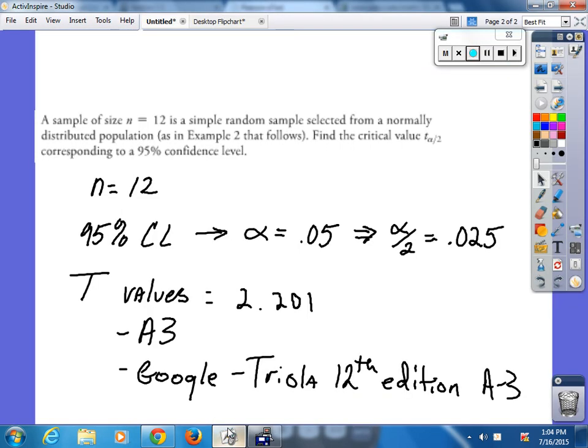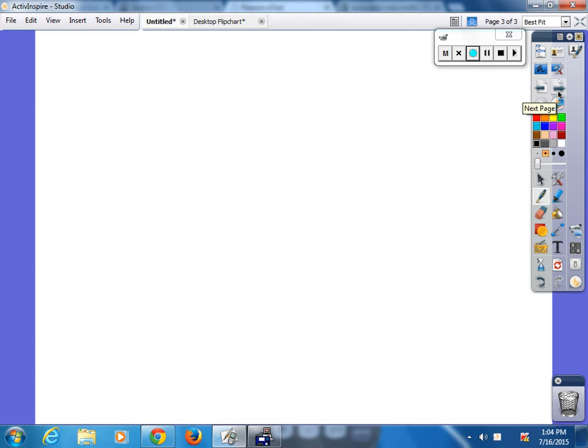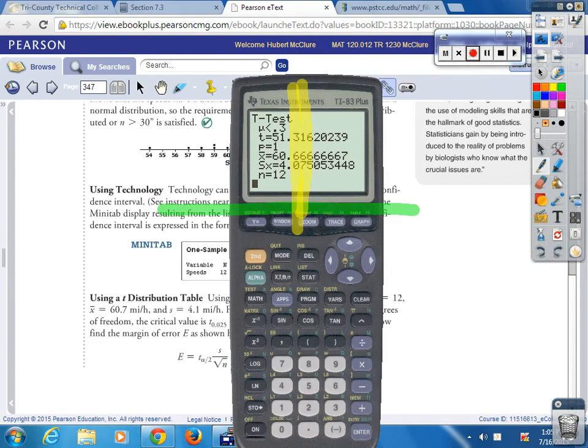So the margin of error is going to be T sub alpha over 2 times, what was it, the standard deviation over the square root of n. Wasn't that the formula? Yeah.